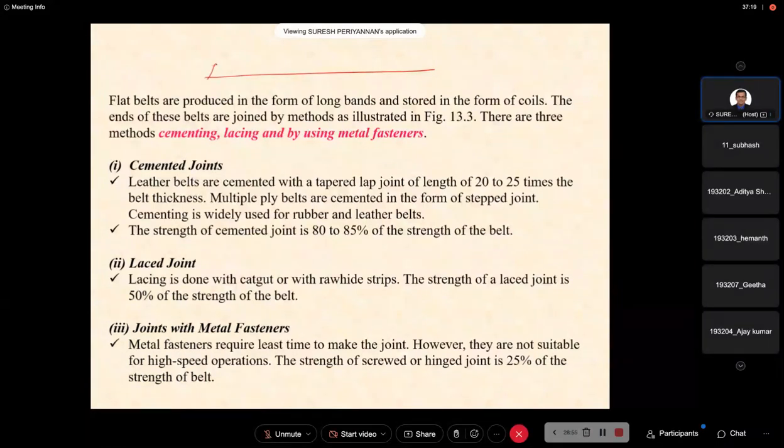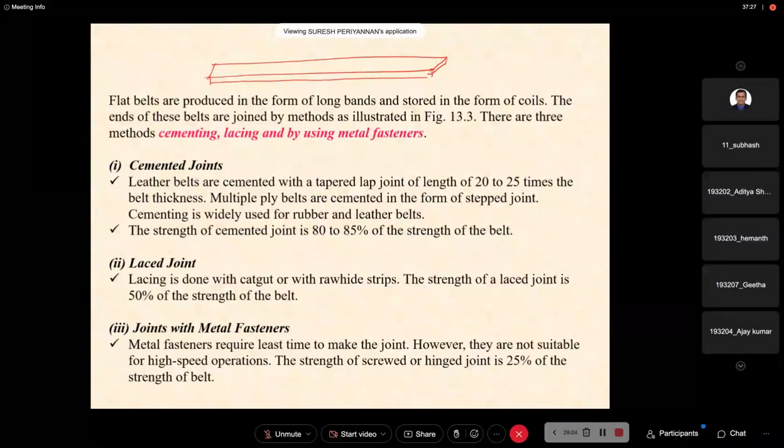This is the belt now. The belt is initially a straight and flat belt. The belt was wound in a coil. Now after purchasing, person X would like to make an endless belt.